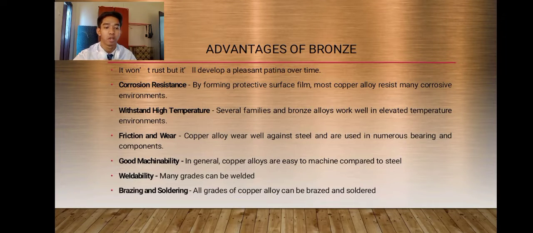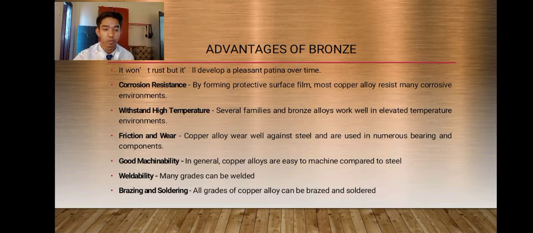Okay, the next is advantages of bronze. The first, it won't rust but it develops a pleasant patina over time. Two is corrosion resistance by forming a porous surface film. Most copper alloys resist many corrosive environments.